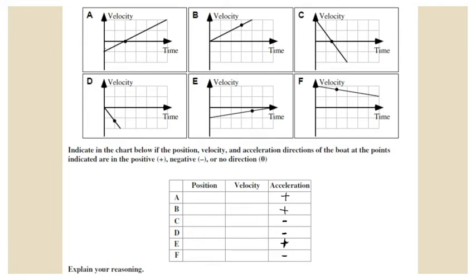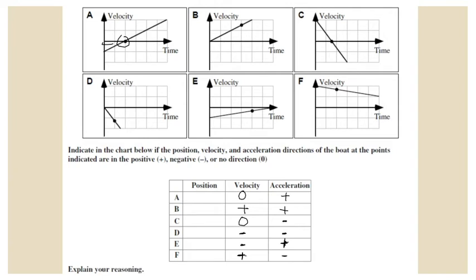So for A, that's showing you zero velocity. For B, that's above the axis, so that's positive. For C, that's at the x-axis again, and so that velocity is zero. For D, it's negative. For E, it's negative. And for F, it's above the x-axis, so it's positive.